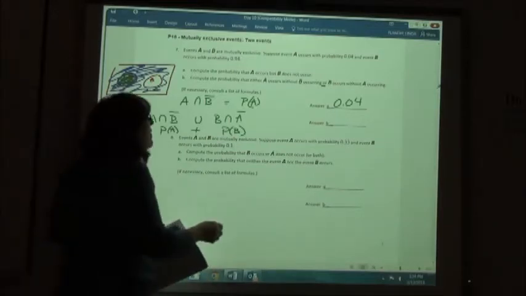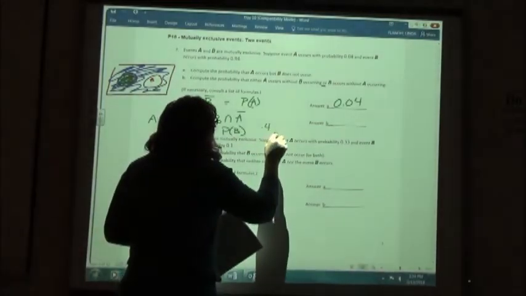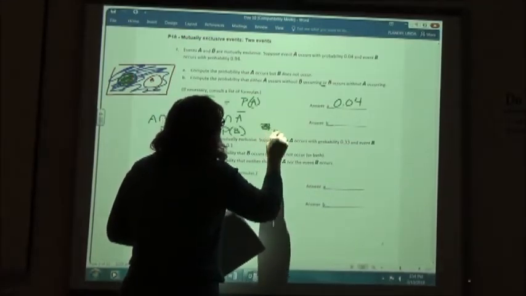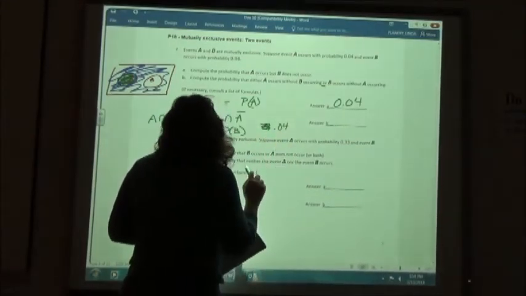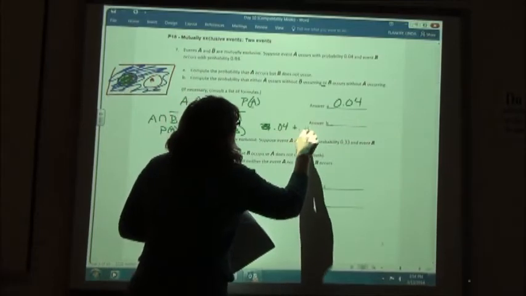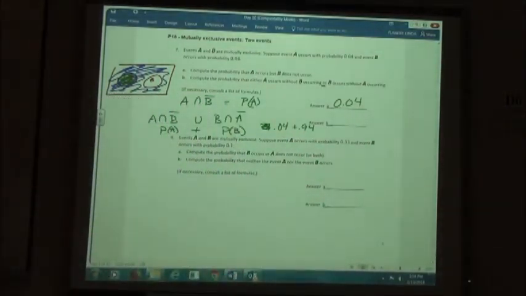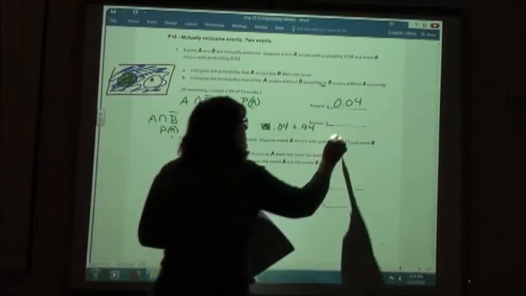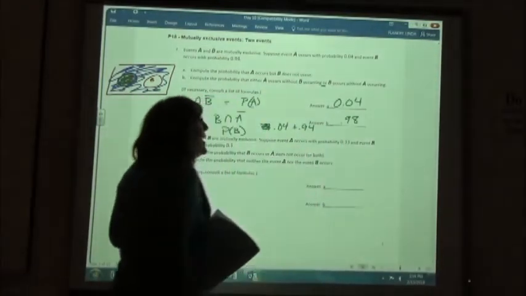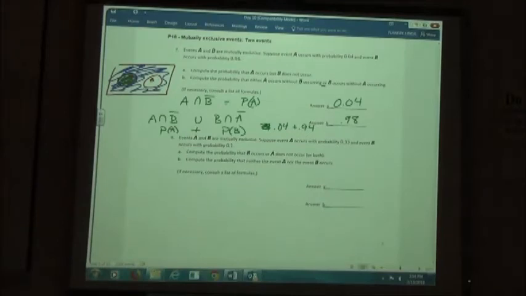So the probability of A was 0.04, excuse me. The probability of B is 0.94. If I add those two probabilities together, I get 0.98 then.